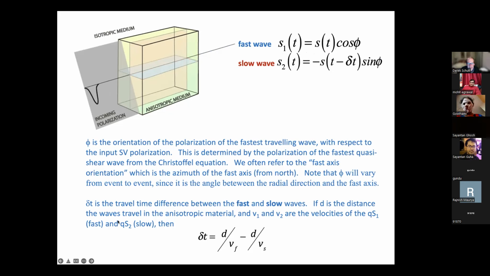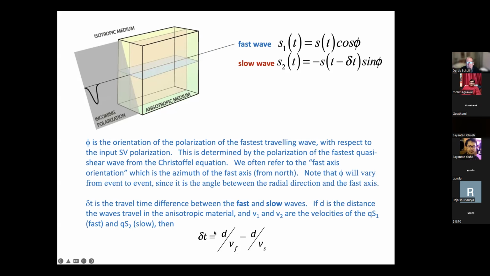If d is the distance the waves travel in the anisotropic material, and v1 and v2 are the velocities of the quasi-shear 1 and the quasi-shear 2 waves, then dt equals the distance they travel through the anisotropic material over the slow wave velocity minus d over the fast wave velocity.